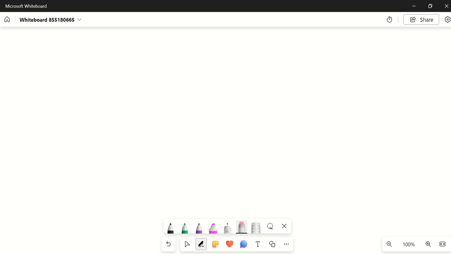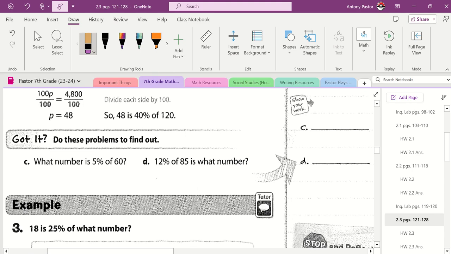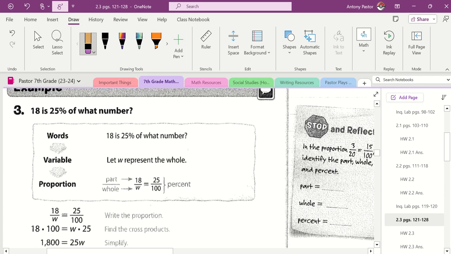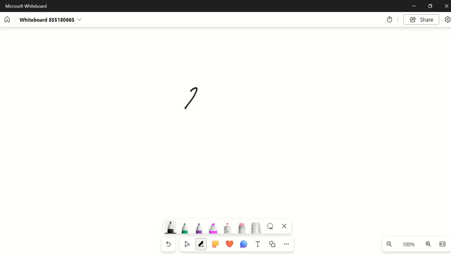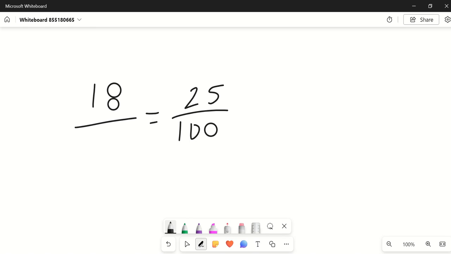All right, and then off to our last part where we're going to find the whole. 18 is 25% of what number? So again, I have 25%, and 18 is my part. My whole is missing. Therefore, I will multiply across to figure this out.